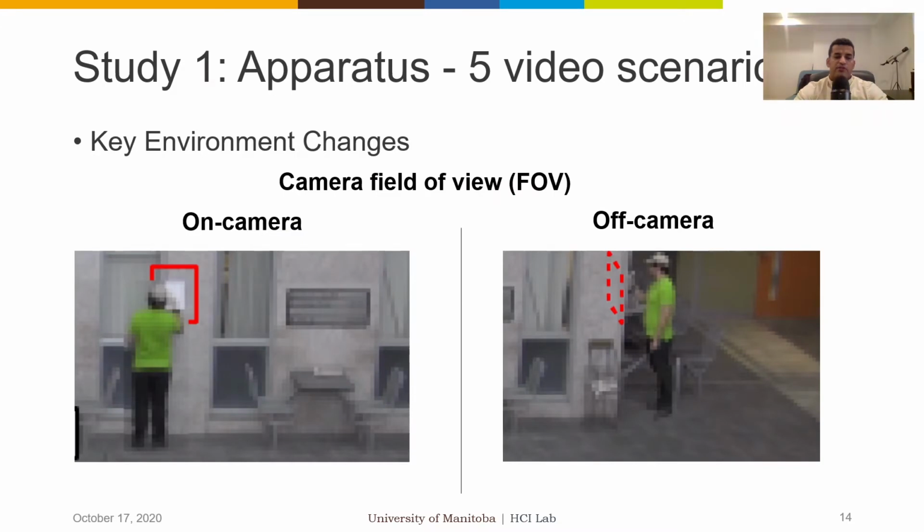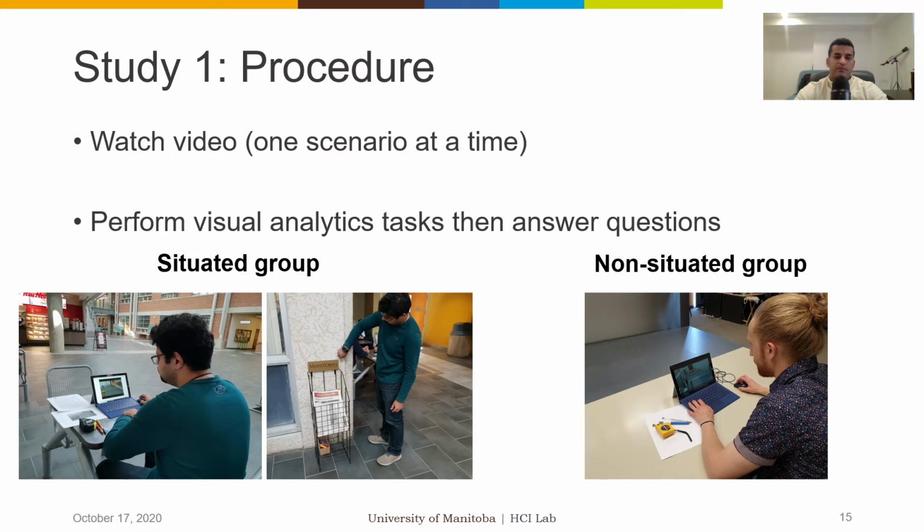In the key environment changes video, the left side is the on-camera condition, where the video clip captured the entire action within the camera field of view, whereas the right side is the off-camera condition, where some part of the action happened outside the camera field of view. The general procedure was explained to participants.